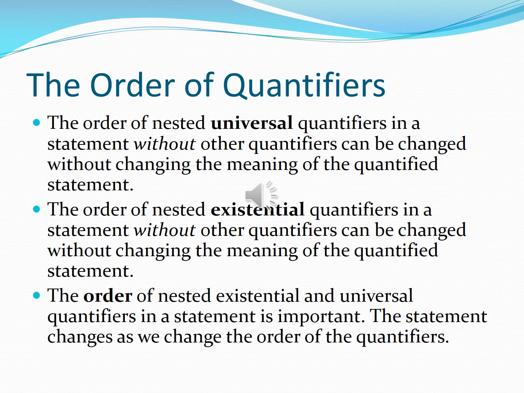Also, if you have two existential quantifiers that are nested, or 3 or 4, the order doesn't matter. However, the order does matter if you have an existential quantifier and a universal quantifier. So the order matters when you have nested different types of quantifiers.